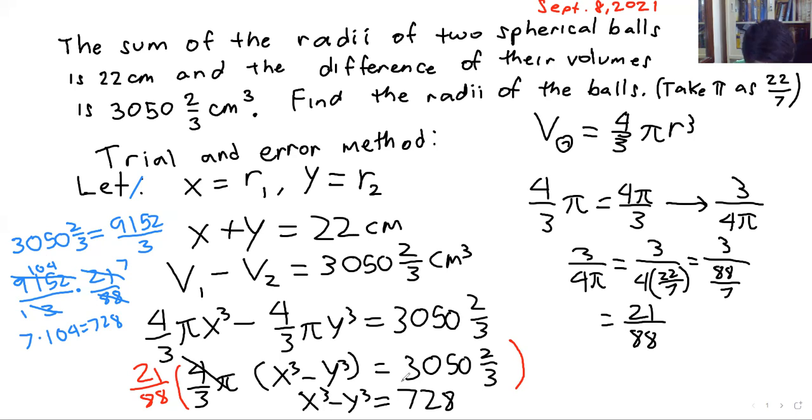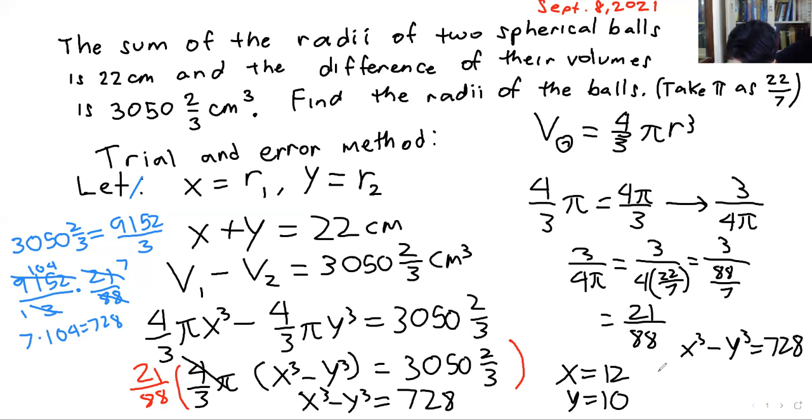Okay. The only numbers whose cubes have a difference of 728 and whose sum is also 22, what I know is x must be 12 and y equals 10. Those are the only numbers whose cubes differ by 728 and sum to 22. Just to prove that this is true, x cubed minus y cubed equals 728.